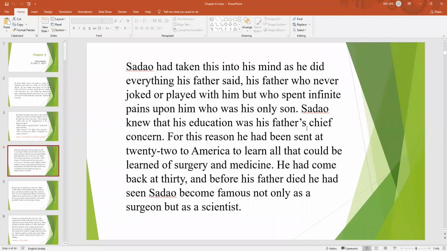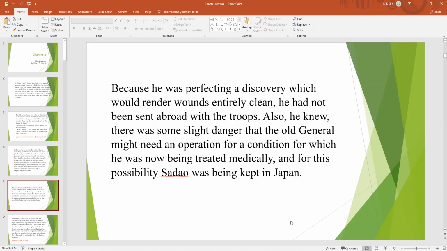The reason is this, children, that there were two reasons why he was not sent. First of all, he was discovering a medicine by which wounds would be completely cleaned out.